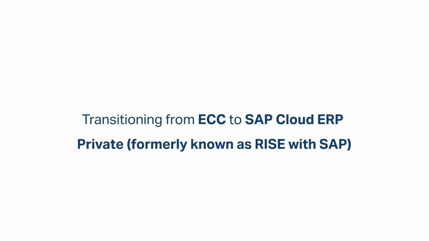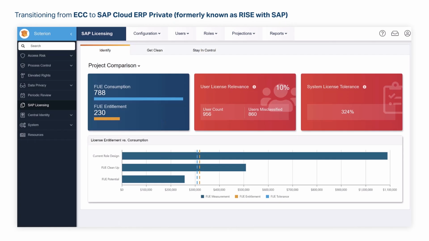Another scenario in which Setarion's SAP License Manager can assist organizations is in the planning stages of a RISE with SAP contract. For organizations currently on ECC and considering a move to RISE with SAP, Setarion's SAP License Manager offers valuable insights.